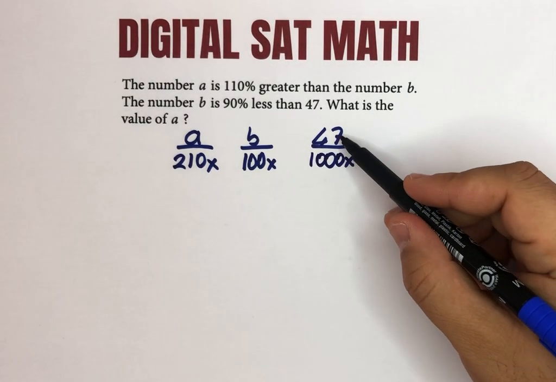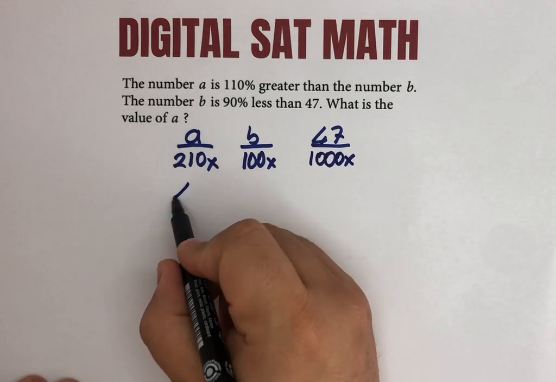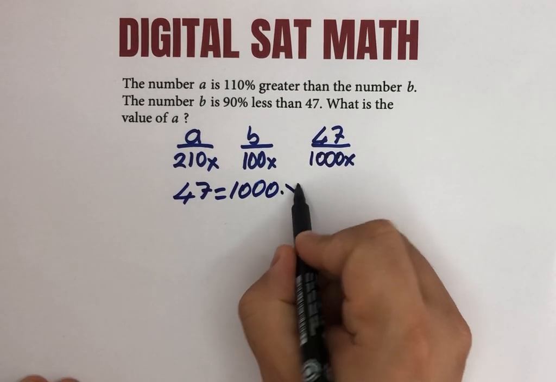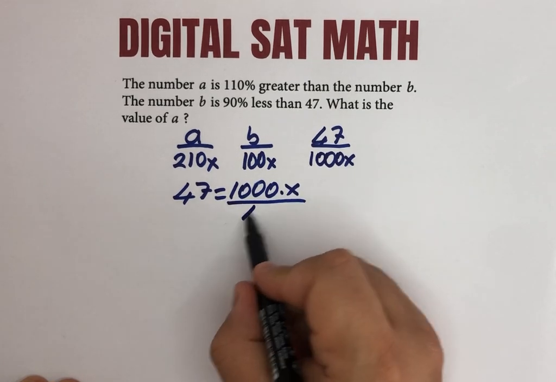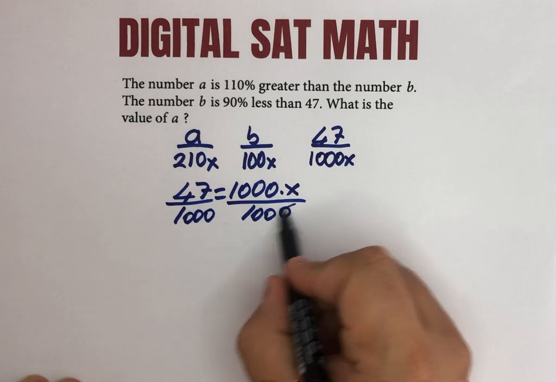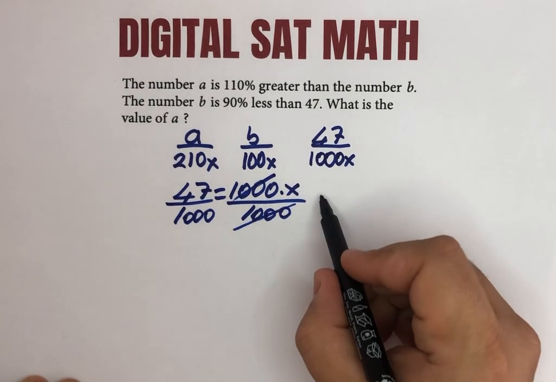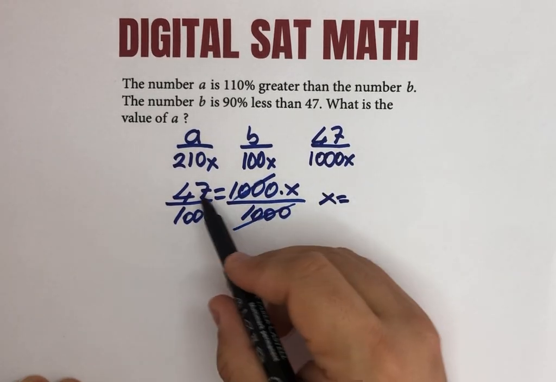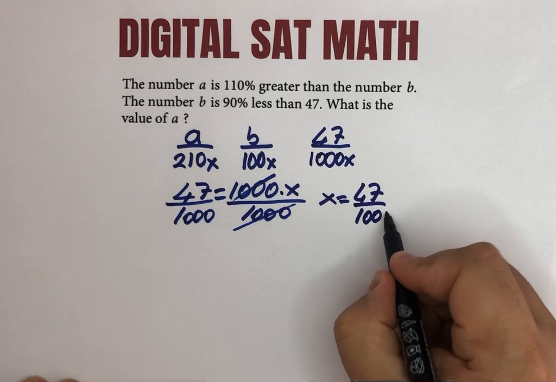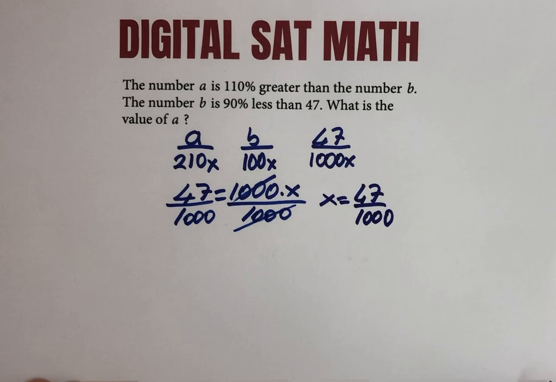If 1000x is 47, let's solve that. 47 equals 1000x. To get x by itself, I'm going to divide both sides by 1000. They cancel each other out, and x will be 47 over 1000.